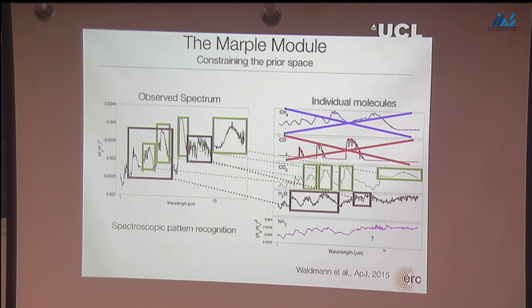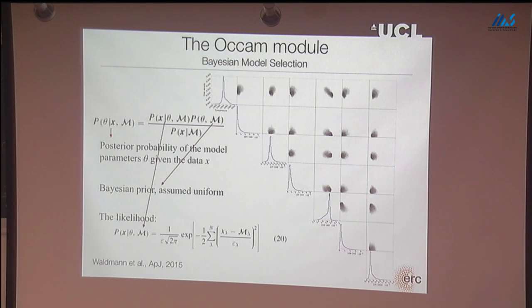But if we look at which are the most probable ones present in the spectrum, and this is what this model in particular is doing, then you can constrain the parameter space to start with, and then do the full retrieval with the Bayesian method and be, on the contrary, very, very precise.